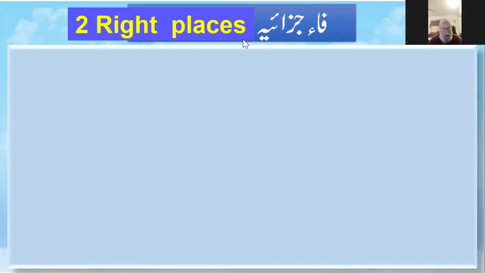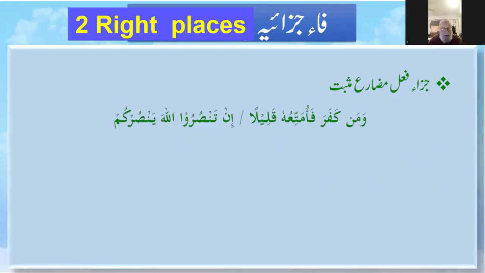Now the two places where there may be fa or may not be fa. Just like jaza fi'l mudari musbat. When jaza, meaning the answer of the shart, is coming as a positive mudari, you may use the fa or you may not use the fa.